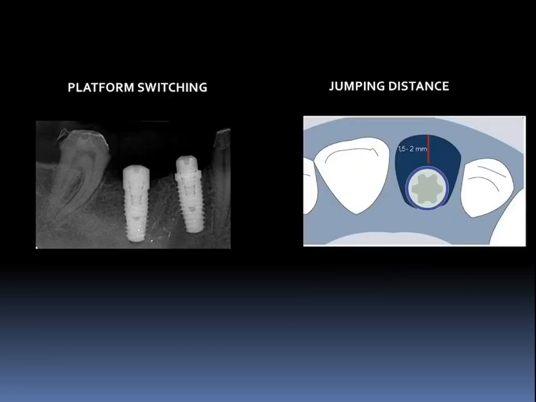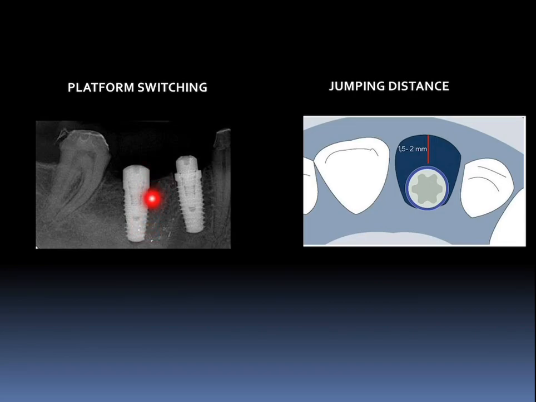Now, these are the two concepts which we should know about implantology. One is platform switching. Previously, we used to take the implant and the abutment of the same diameter, hence there was a uniform diameter of the whole implant, and the continuation of the abutment was seen.